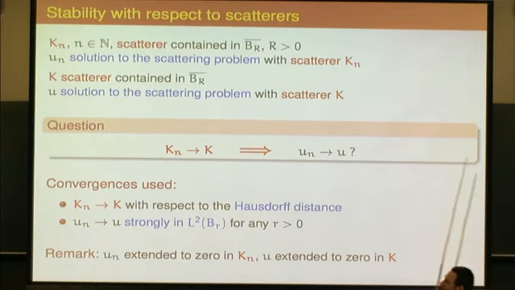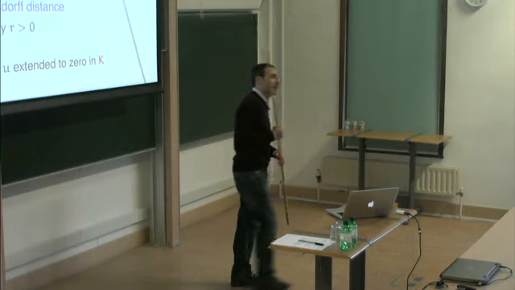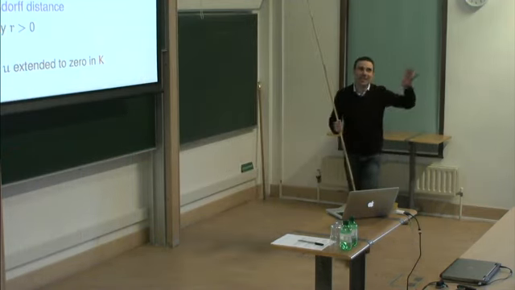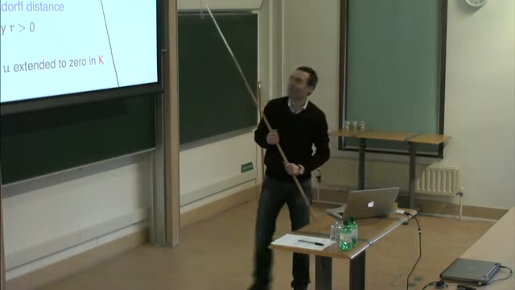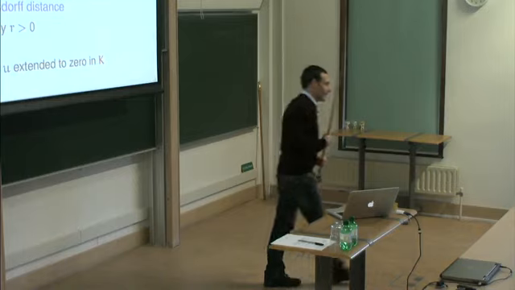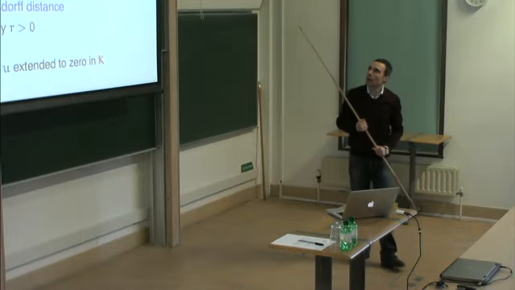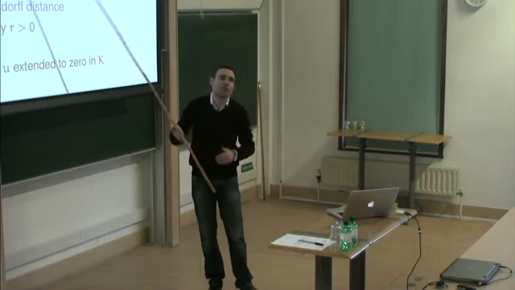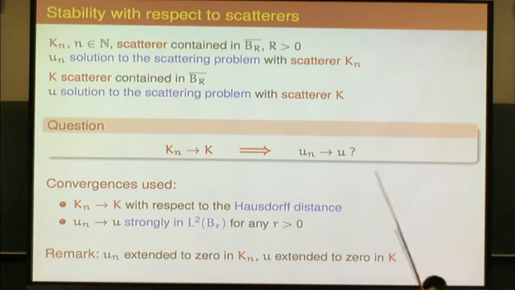And there are examples, like for instance the famous Neumann sieve, which has been studied, I don't know, 20 or maybe more years ago by Murat and collaborators. And so this is not a completely trivial question if you allow Kn to be very wild. But it's a very important question.